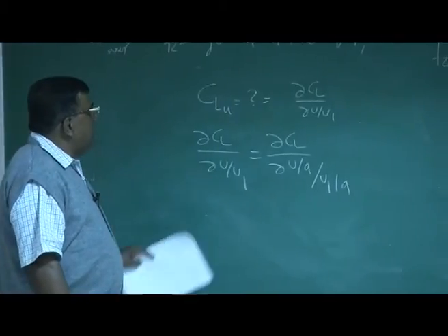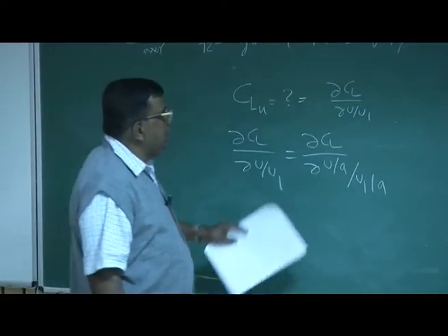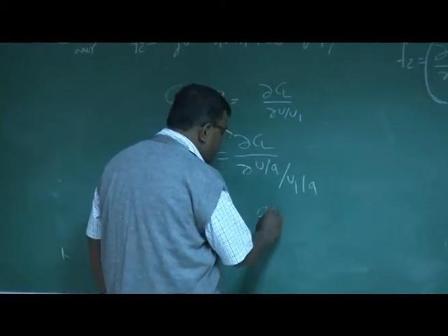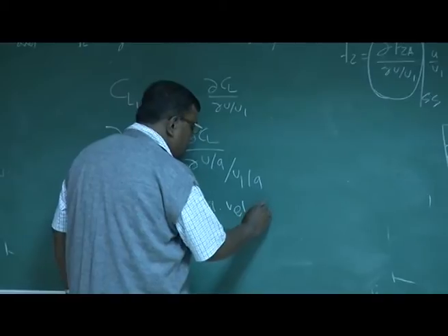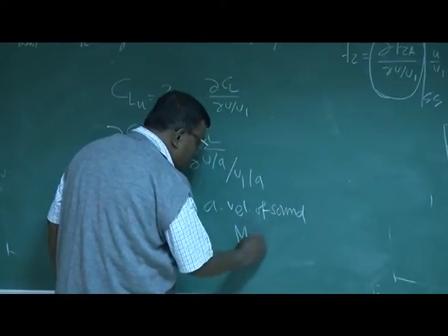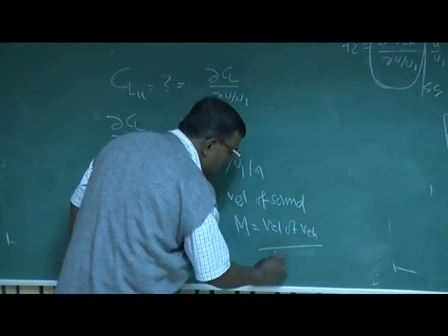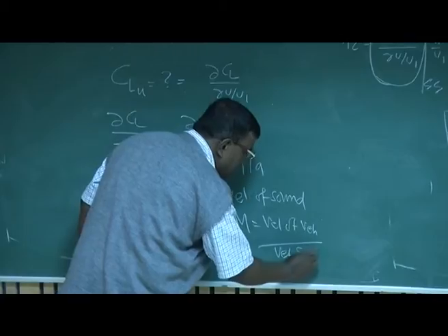We are trying to investigate and understand dCl by du by u1, which I can write as dCl by d(u/a), where a is of course the velocity of sound. I presume that you understand Mach number is velocity of vehicle by velocity of sound.